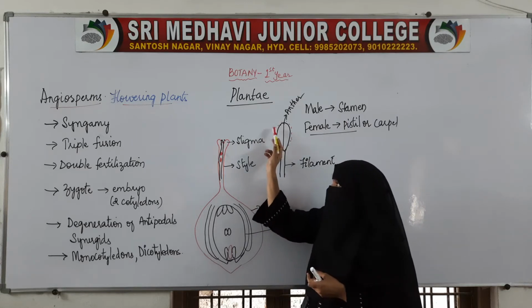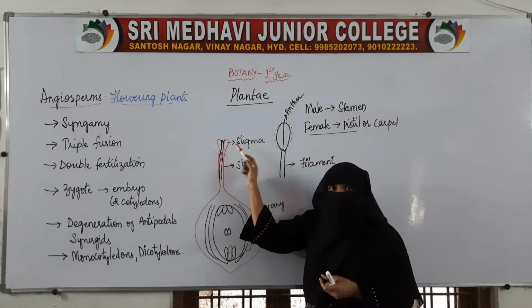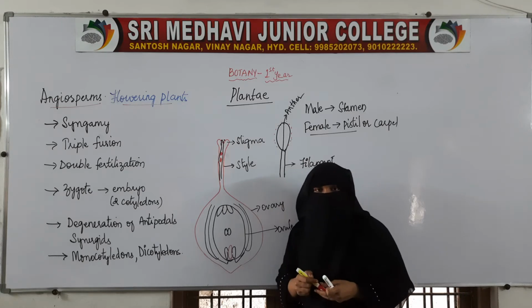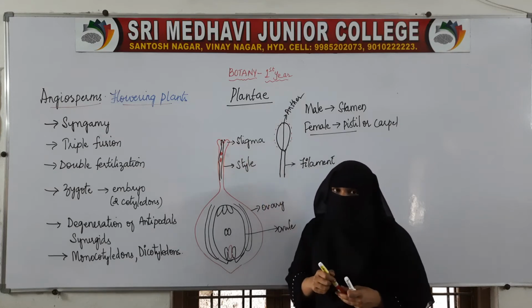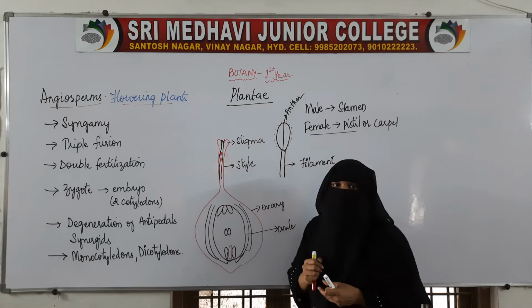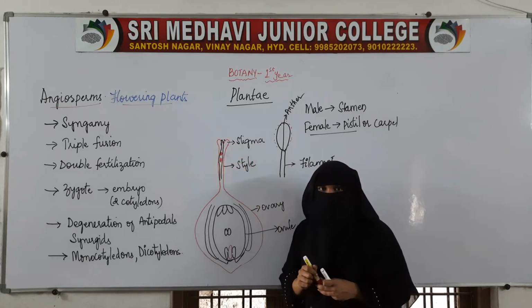This transfer from anthers to stigma is pollination. It can be by wind, or by water, or by animals. So as soon as this pollen grain reaches the stigma, it grows a pollen tube, and inside this pollen tube two male nuclei will be present.